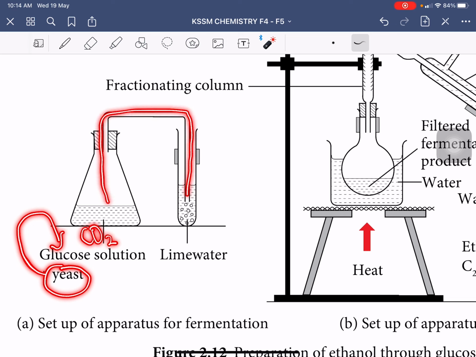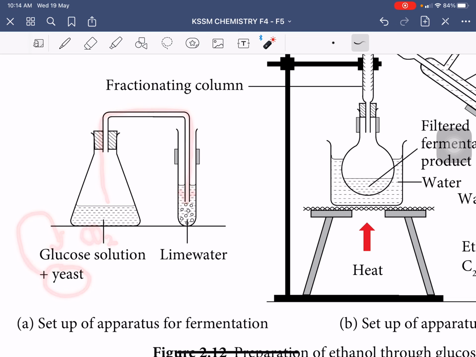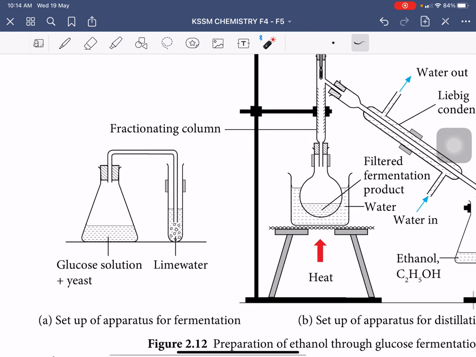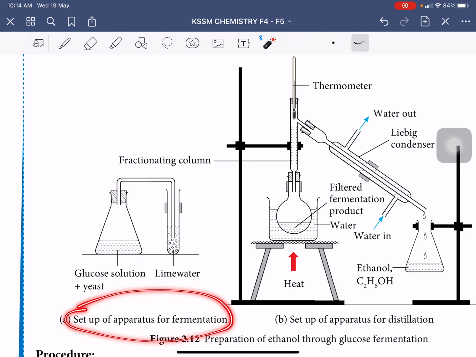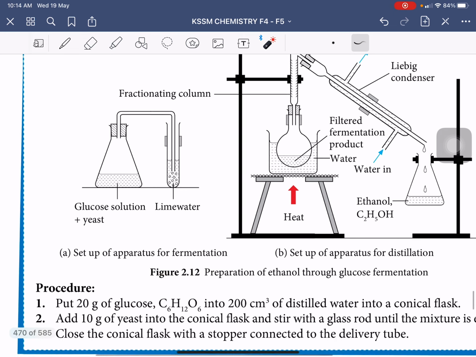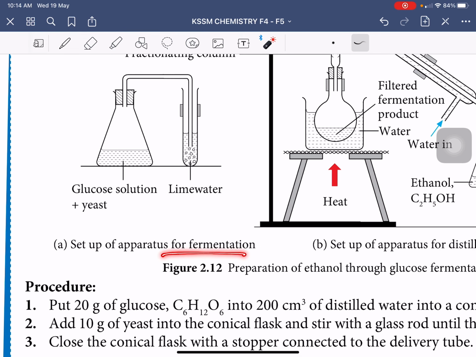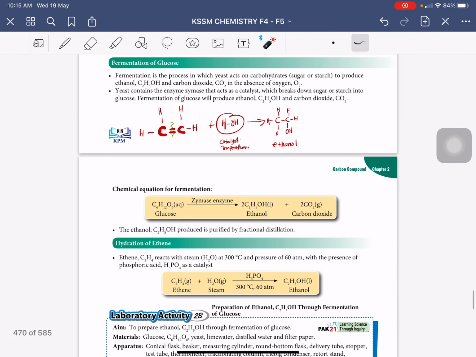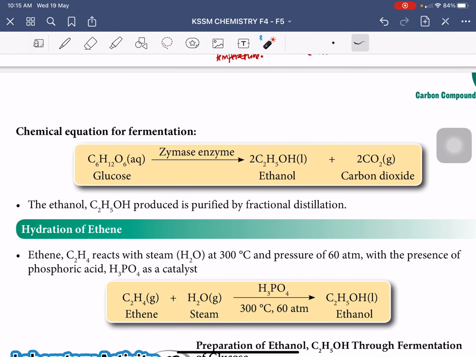So carbon dioxide gas will be delivered here. Why is there lime water? If the lime water turns cloudy, it means the CO2 is present. So this is the setup of apparatus for fermentation, but do refer to the YouTube link that I attached for more information on how to set it up in the lab. So this is the first one.